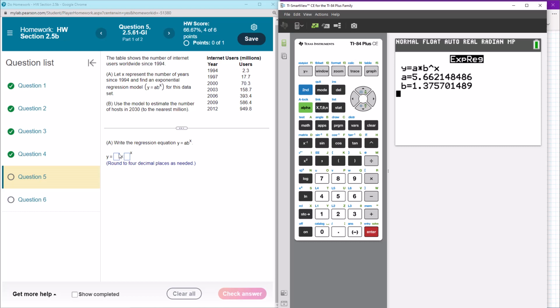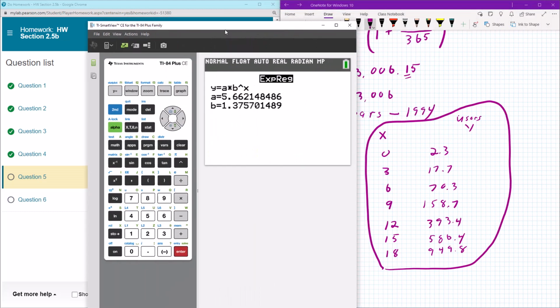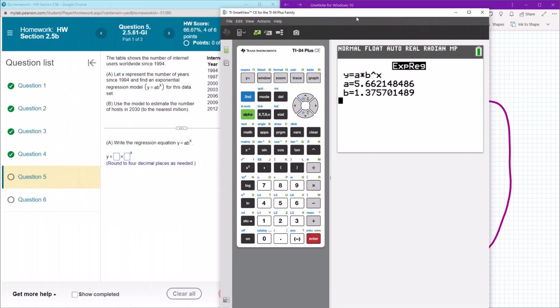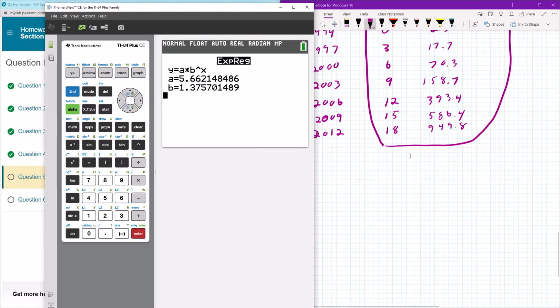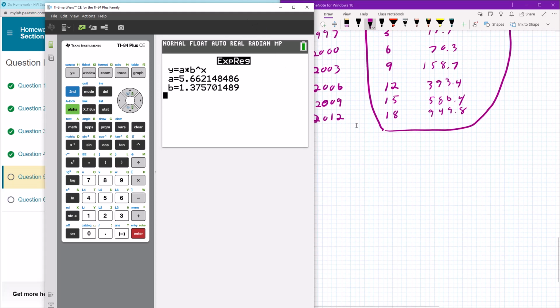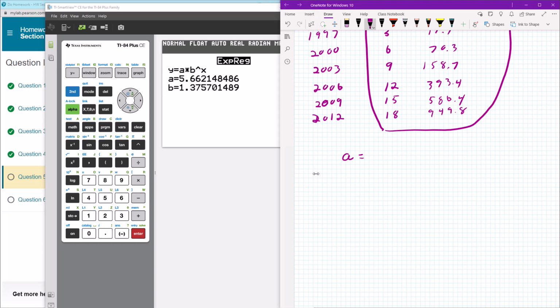5.66214846 for A, that's what's going to go here. And then 1.37570 and so forth for B, that's what's going to go here. But before we do that, let's go ahead and write them down, because remember, we want these to 4 decimal places. So A is equal to 5.66214.